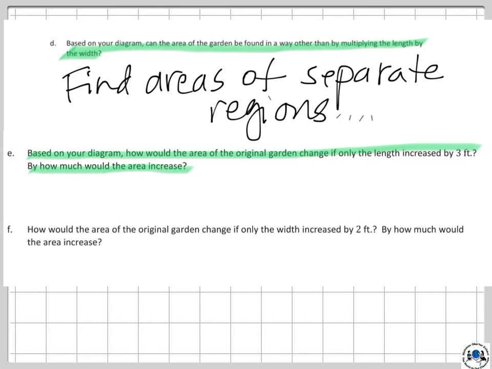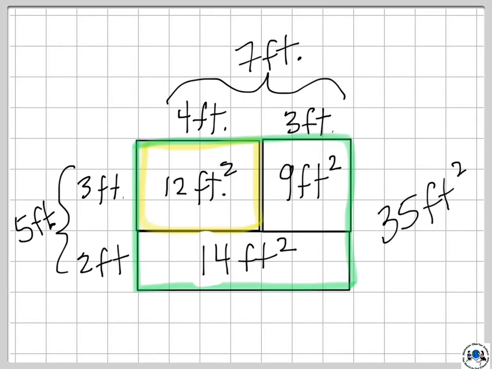So if we take a look at that, if only the length increases by 3 feet, and that's this area right here, that's just taking into account the length.